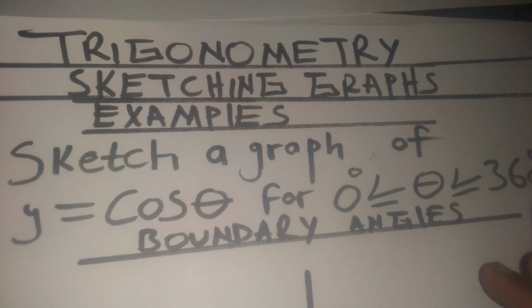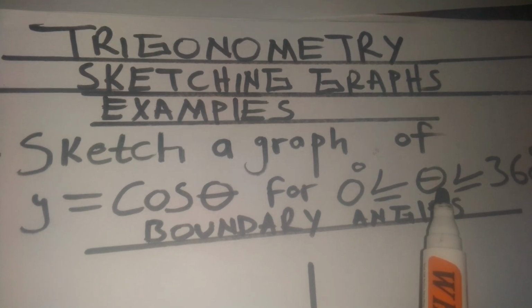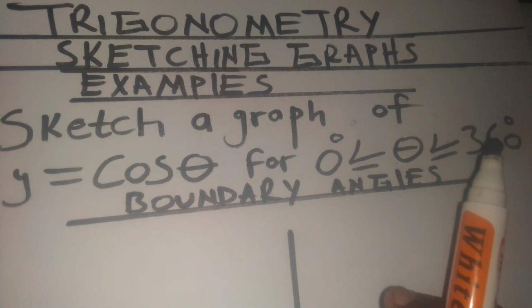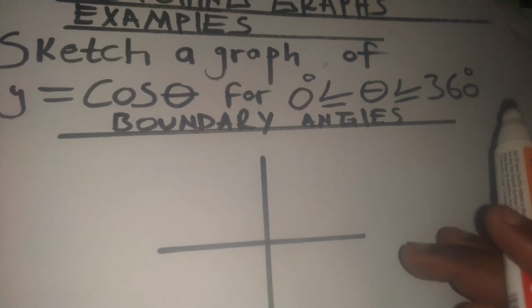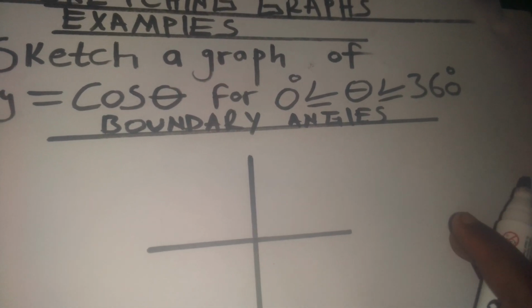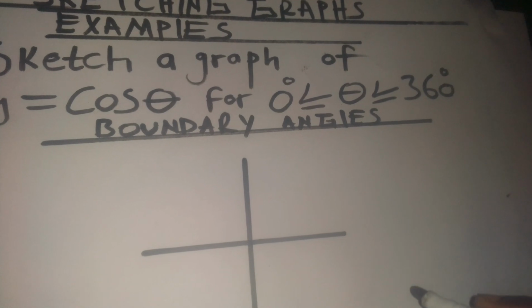Now, before sketching any graph, you have to understand what we call boundary angles. So what are these boundary angles? These are angles that we pick from the 4 quadrants moving anti-clockwise.